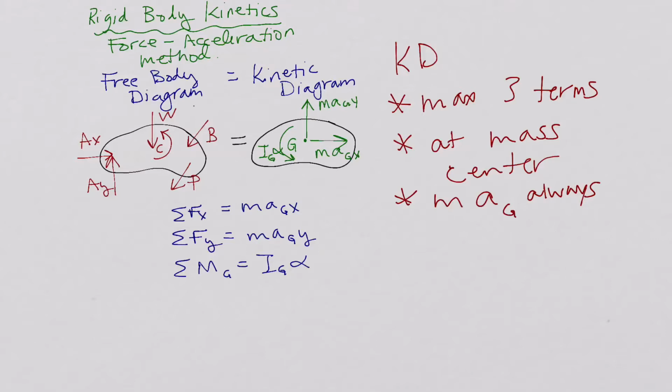The way that I just set this one up, I used Cartesian coordinates, so x and y. You don't have to use x and y. We have a choice of coordinate systems.